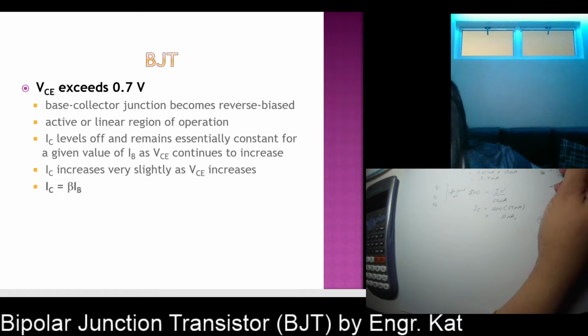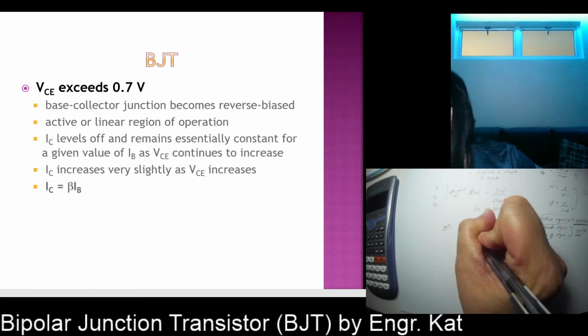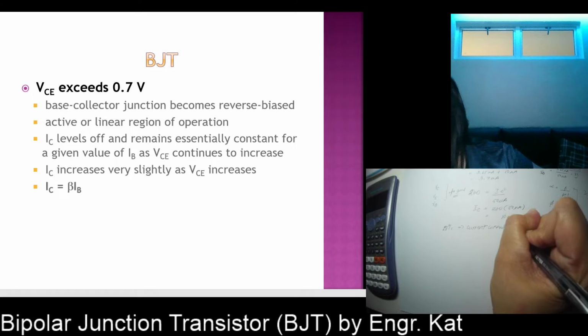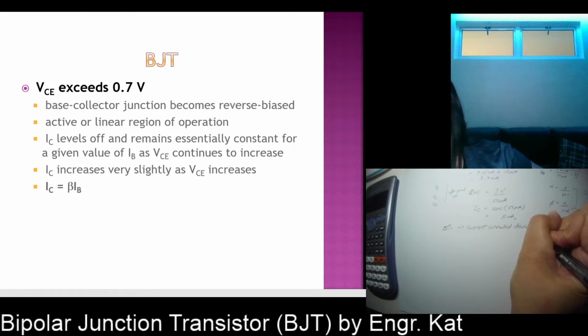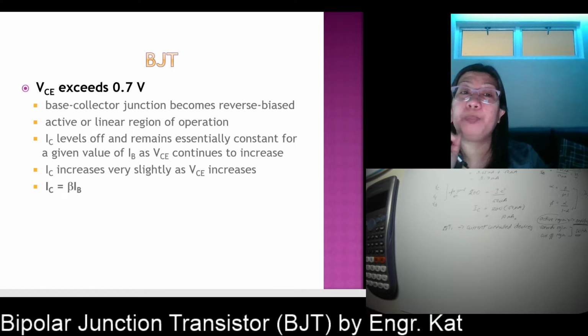In this case, class, as you can see, transistors or BJTs are also called current controlled devices. So what do we mean by current controlled devices? VCE is not the one which controls the value of your IC. Even though we increase or decrease your VCE, as long as it already exceeds 0.7 volts, IC is independent of that.